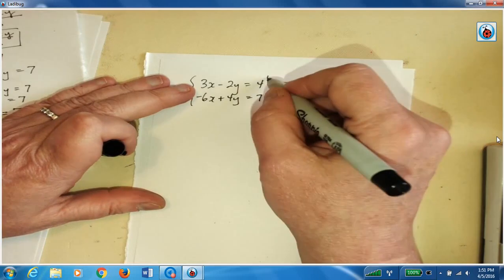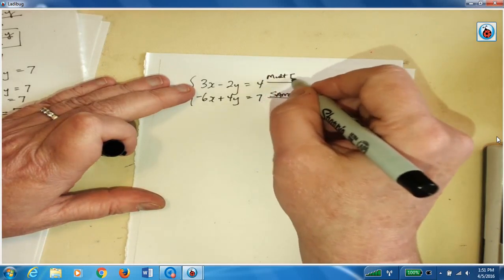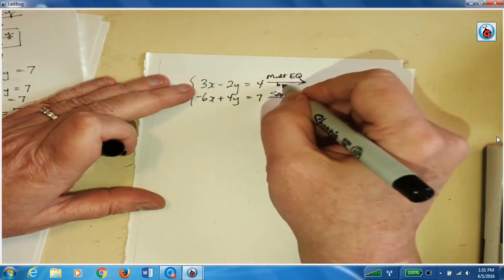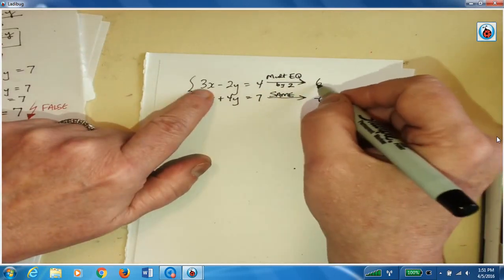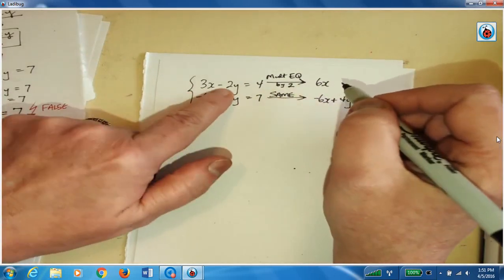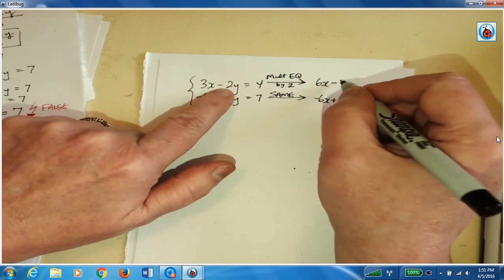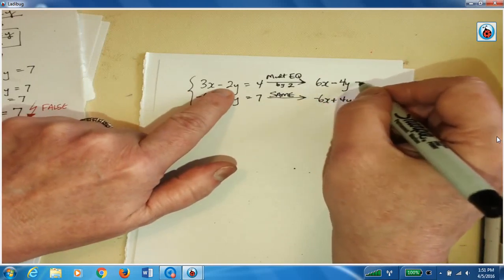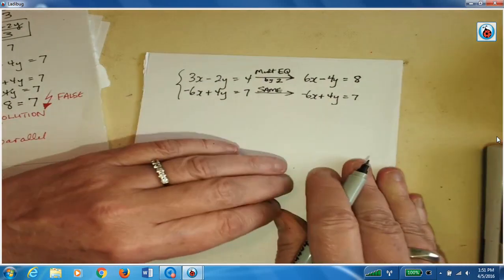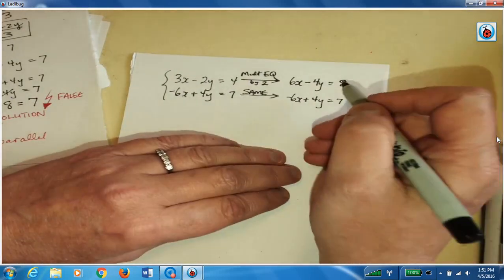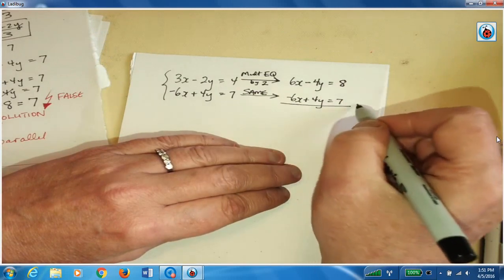So I'm going to multiply the entire equation by the number 2. So I'm going to have 6x, and if I multiply that by 2, I'll get minus 4y equals 4 times 2 is 8.